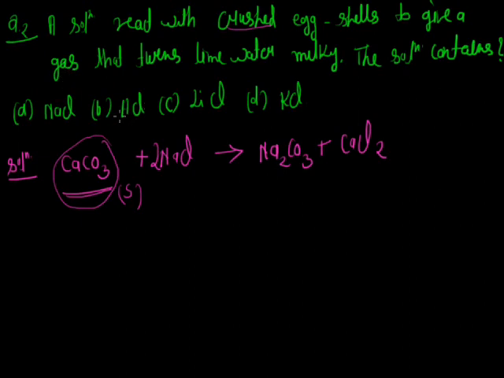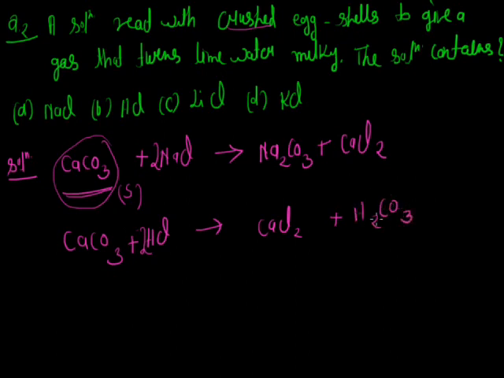If we go with the second option, when calcium carbonate reacts with HCl, after the reaction it gives calcium chloride and H2CO3. For balancing, we use 2 HCl and get H2CO3, which is called carbonic acid. It is very unstable and again decomposes into H2O and CO2 gas.